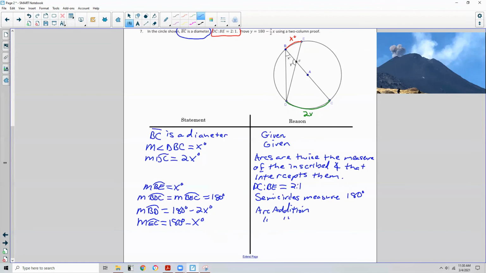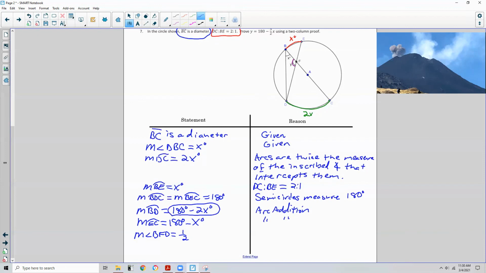Now, what is the measure of BFD? Here is our angle BFD, right here. It is Y. Arc BFD is angle Y. Okay. So now I'm going to say that the measure of angle BFD equals 1/2 BD. Well, BD is right here.